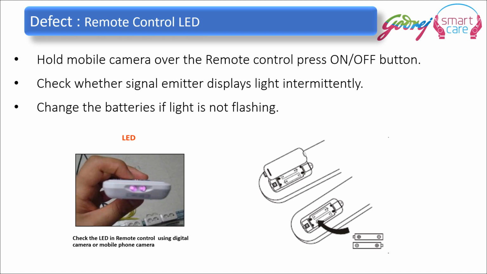So like this, we check each and every button of the remote by pressing all the buttons one by one, and we see whether these infrared rays are emitted or not. This we are seeing through the camera of any mobile phone for that matter.